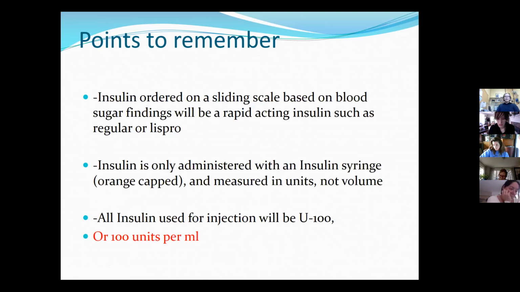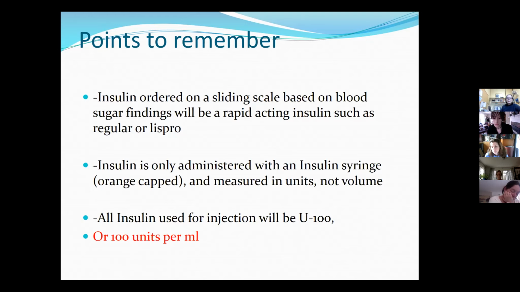So typically, with regard to insulin ordering and who gets what types of insulin, very commonly it depends on how tightly the physician or nurse practitioner wants to manage blood glucose levels, because with insulin injections we have to be careful that we're not going to give insulin that results in hypoglycemia, low blood glucose levels.